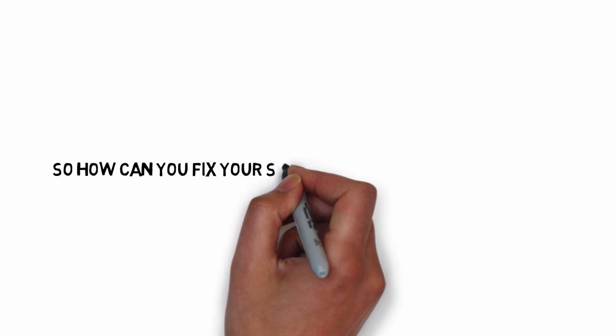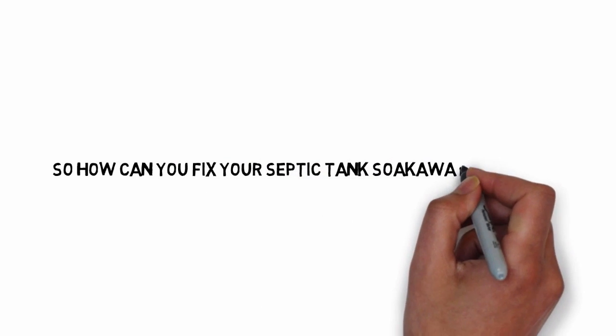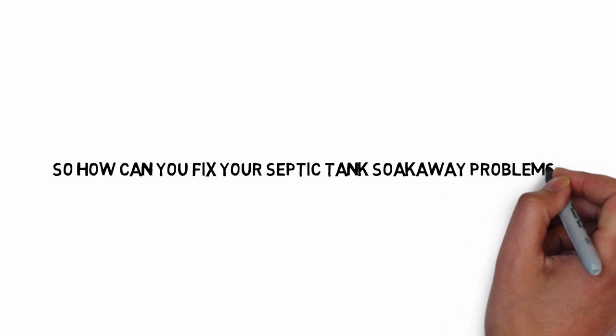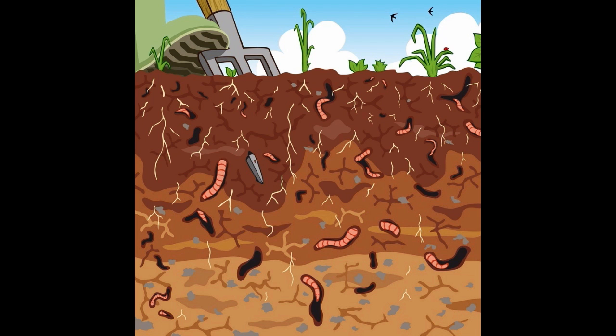So, how can you fix your septic tank and soakaway problems? Worms have been around for thousands of years, converting waste and byproducts into safe, clean, organic matter.